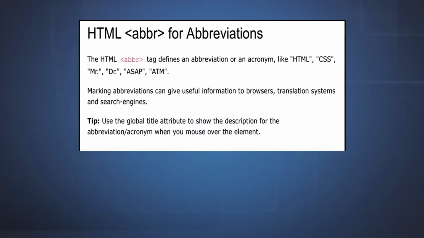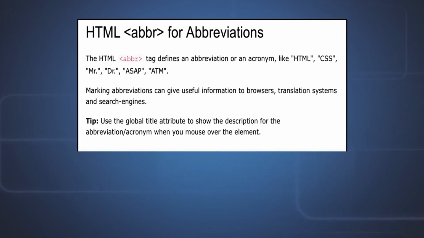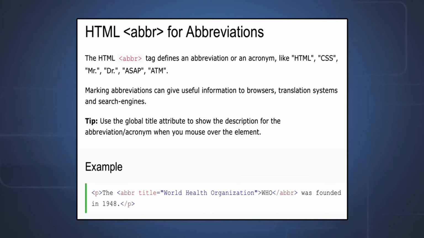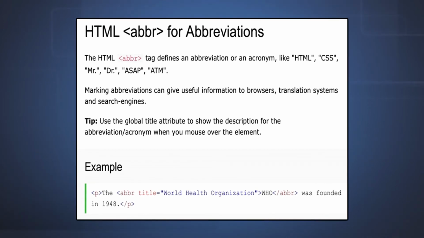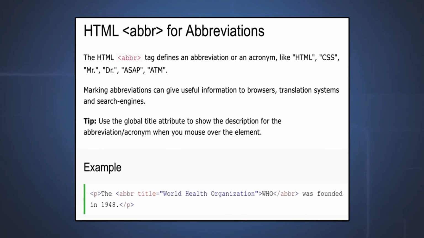Use the global title attribute to show the description for the abbreviation or acronym when your mouse moves over the element. For example, let me say the title is World Health Organization, and we are using its abbreviation.